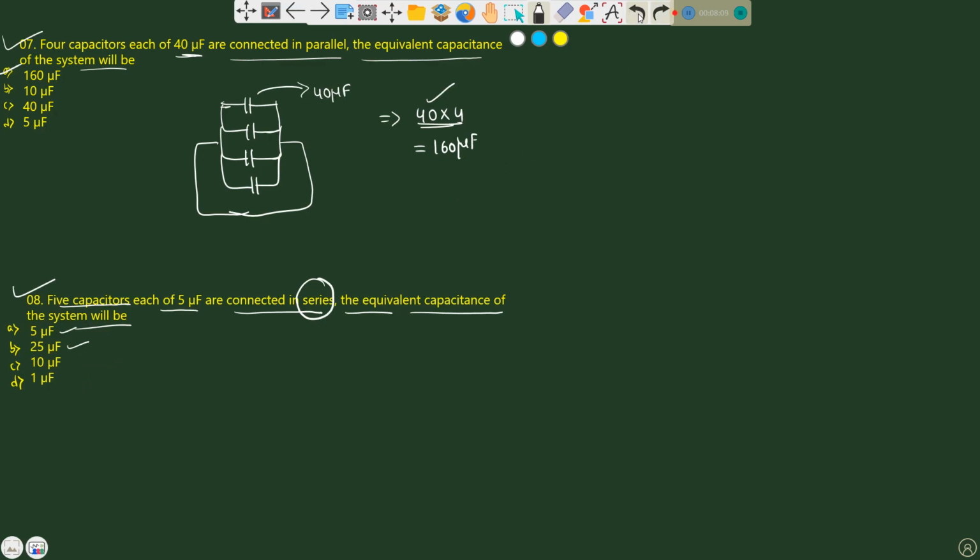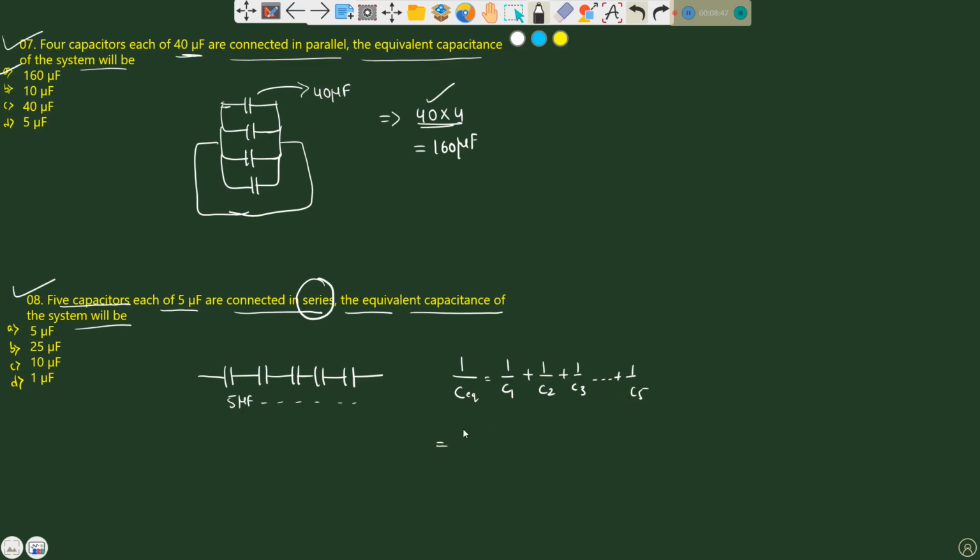So let's solve this. If you want to solve this, try to solve it by pausing the video. So here 5 capacitors, 1, 2, 3, 4 and 5, all are connected in series whose values are 5 microfarad. In the case of capacitance, when they are connected in series, 1 divided by C equivalent will be 1 upon C1 plus 1 divided by C2 plus 1 divided by C3 and so on, plus 1 divided by C5.